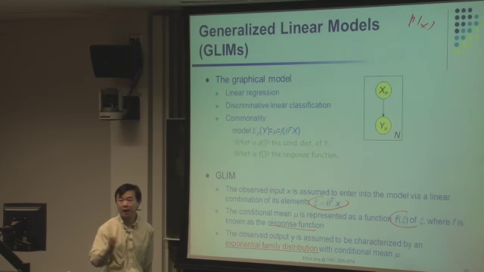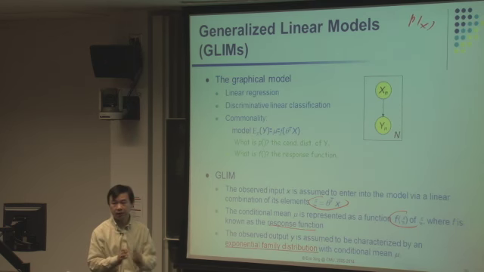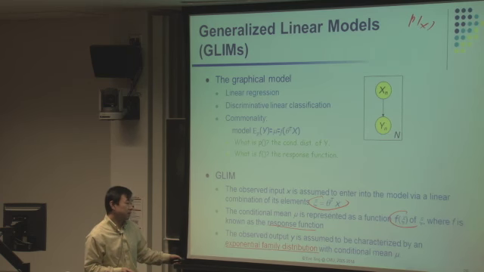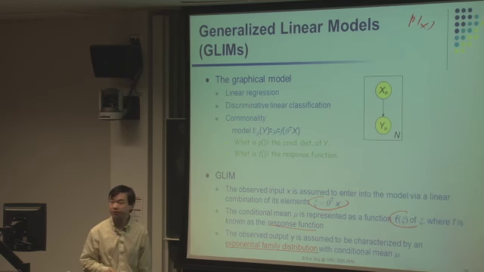You have all the flexibility of defining them in different ways, but there are certain better definitions, as we will see later. And then the observation y is characterized by this mean through an exponential family distribution.